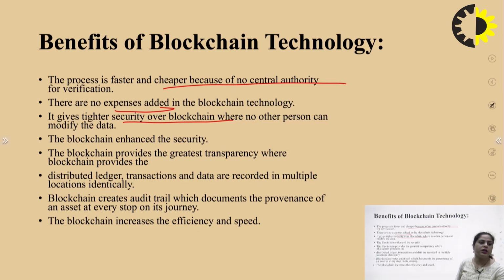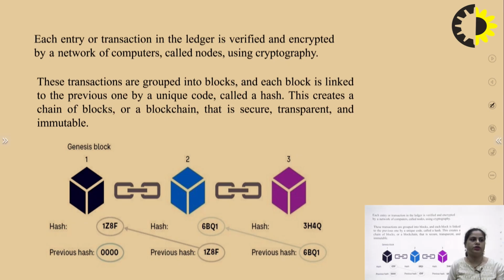The blockchain increases the efficiency and speed of the transaction. Each transaction entry in the ledger is verified and encrypted by a network of computers called nodes using cryptography. For these transactions we have to know the public key and the private key.